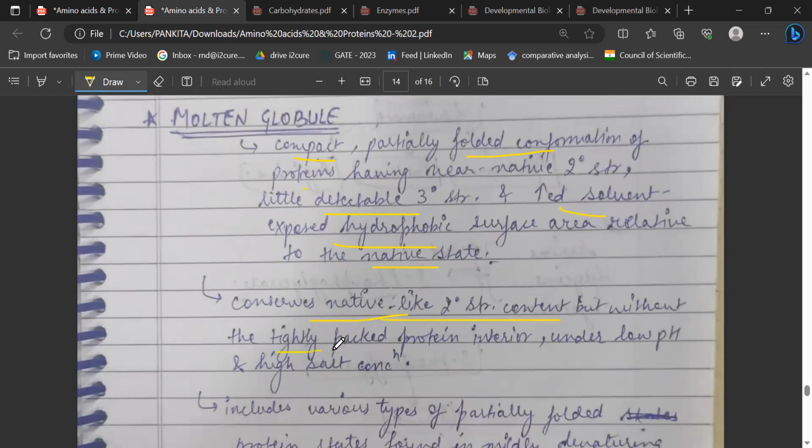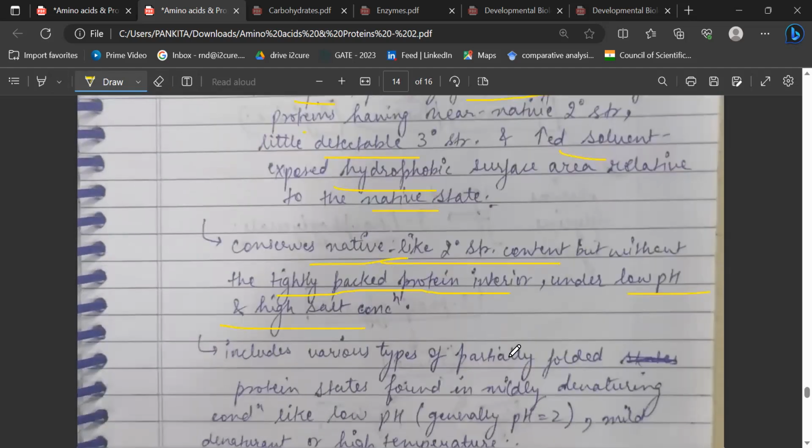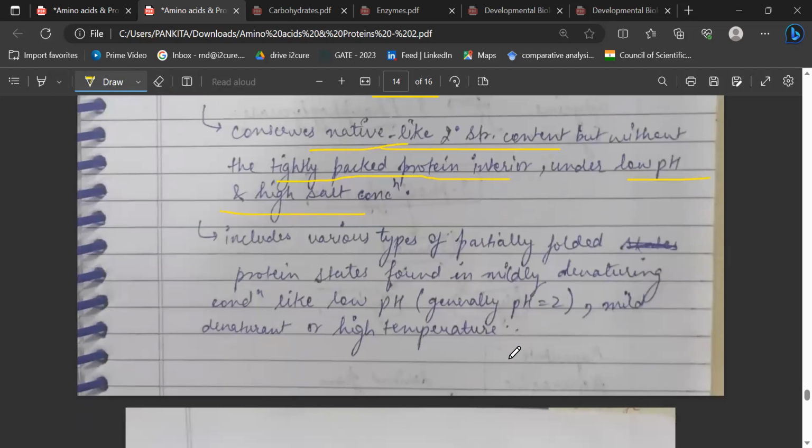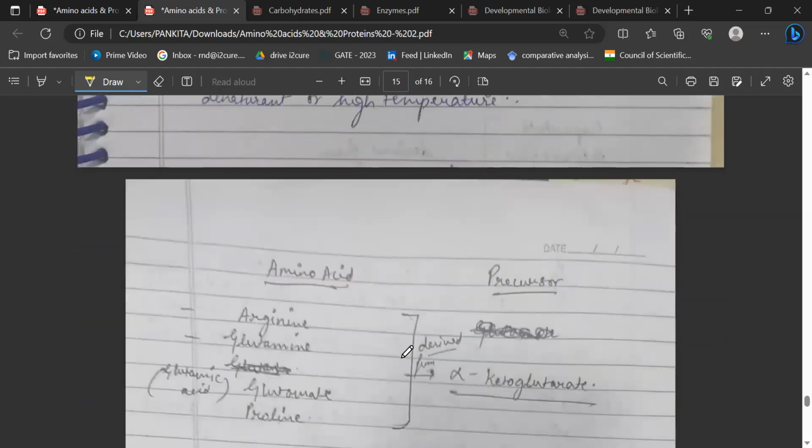However, they do not have a tightly packed protein interior. The conditions are low pH and high salt concentration. The molten globule also includes various types of partially folded protein states, which are found under mildly denaturing conditions, and the mildly denaturing conditions are low pH, generally 2, or some mild denaturant might be present, or a high temperature.